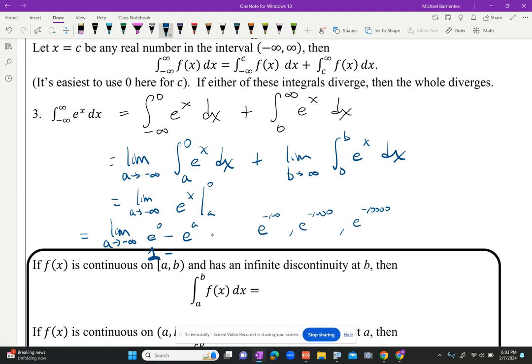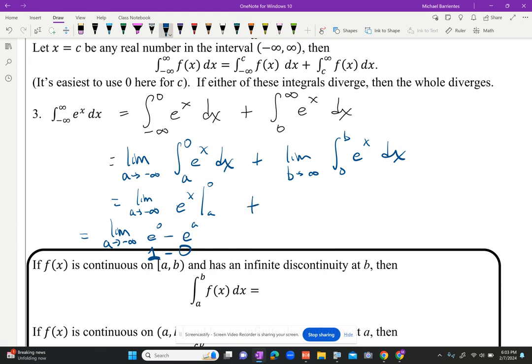But what does this mean? Well, this means that I have 1 over e to the 100, 1 over e to the 1,000, 1 over e to the 10,000. What's happening to these values? They're getting closer and closer to 0. So this goes to 0. So in this first part, I can say that I have an answer, right? It converges from a to 0.